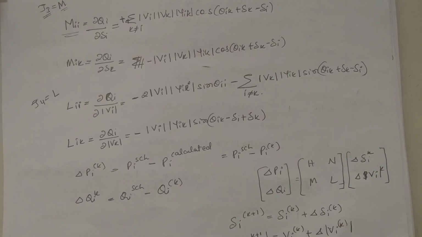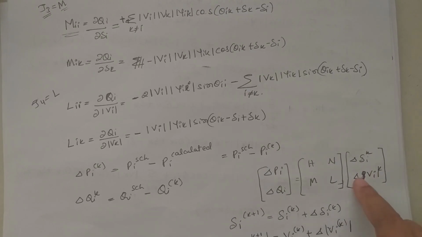Similarly, Vik+1 is equal to Vik plus ΔVik, where Vik is the initial value of voltage and ΔVik can be calculated using this formula.